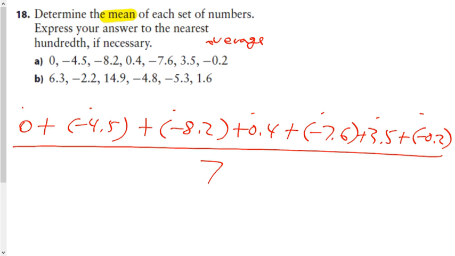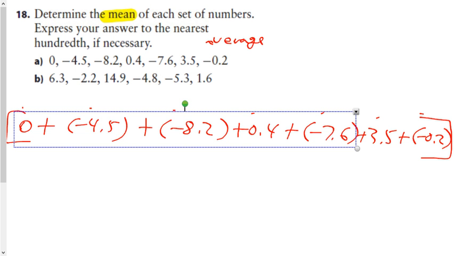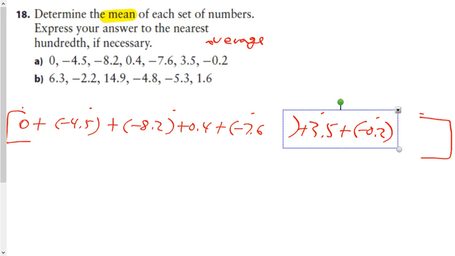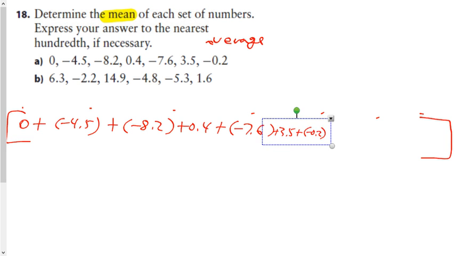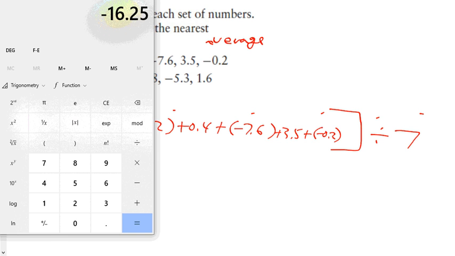Or if you wanted to, instead of doing it that way, you could have just done it in brackets, shrink it down because it's too big. Once you have it in brackets, divide by 7. Either way works. It doesn't matter. This is fine. Take your calculator, find the sum.